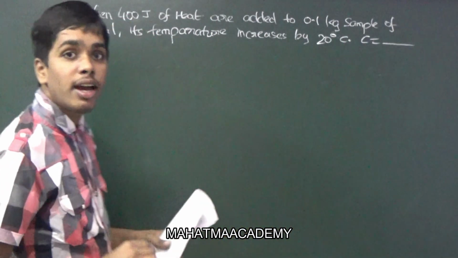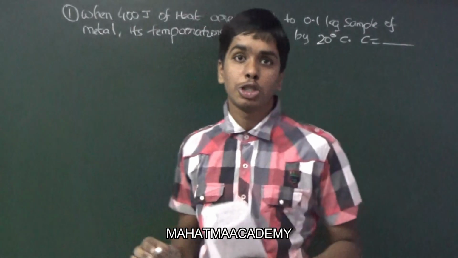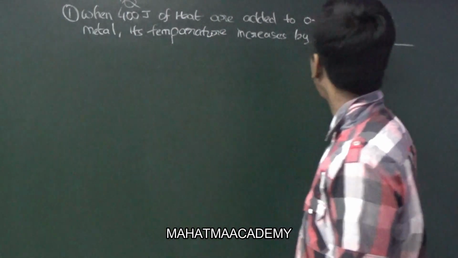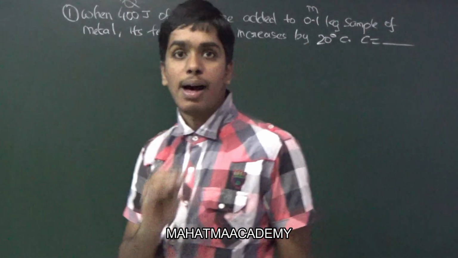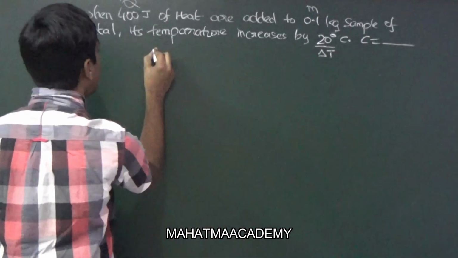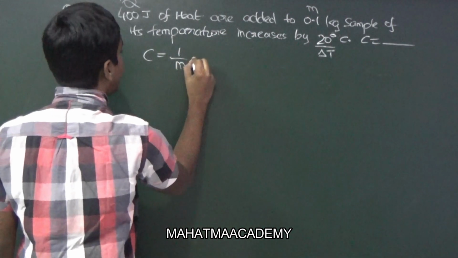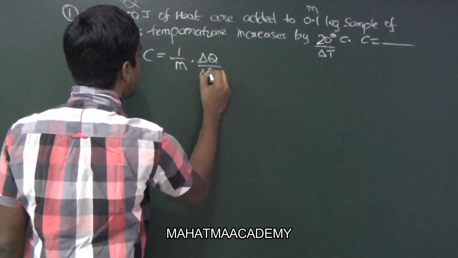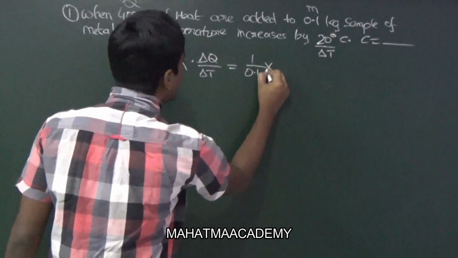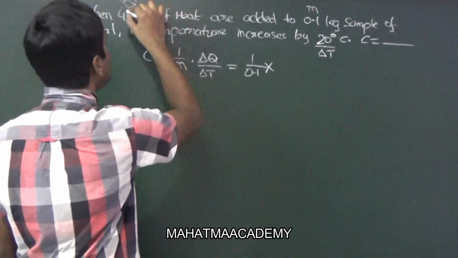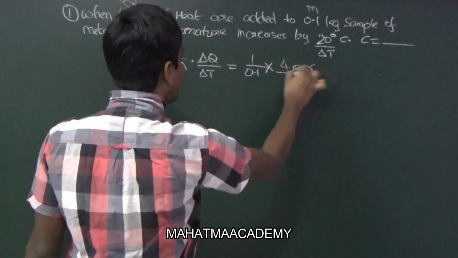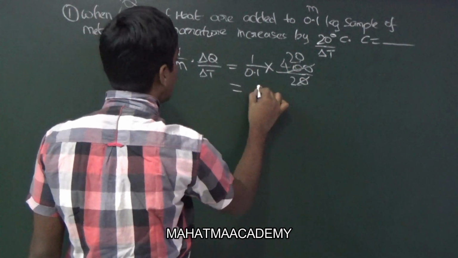Now, in the question, Q is the heat, m is the mass, and delta T is the change in temperature. So c is equal to 1 by m into delta Q upon delta T. 1 by m is 1 by 0.1, into delta Q, which is 400, upon delta T, which is 20. So simple. That is 200.